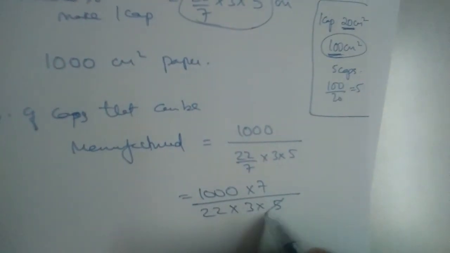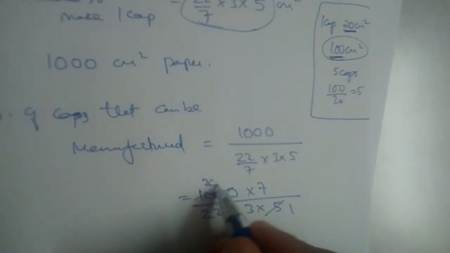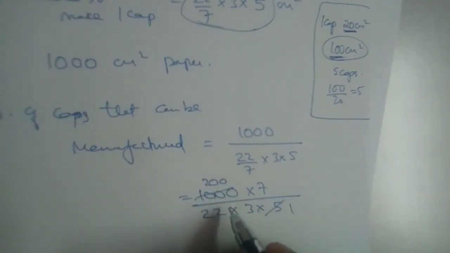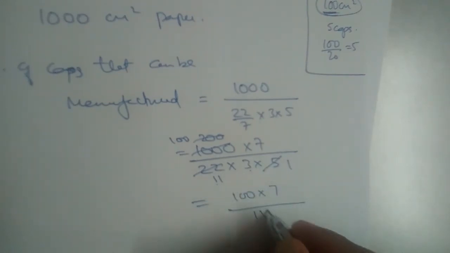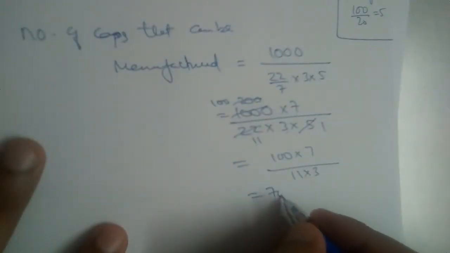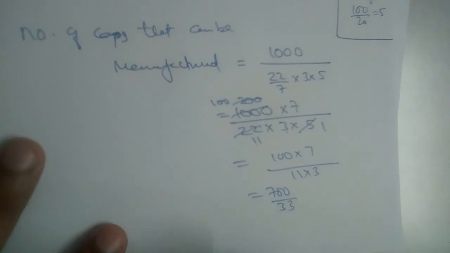Let us cancel 5 and this will be 200. So this is 100 and this will go 11 times. So it is 11 into 7 divided by 11 into 3, so it is 700 by 33.